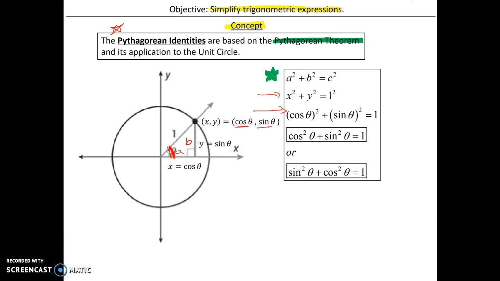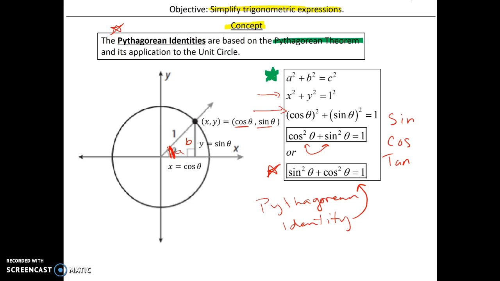Intuitively, when we work with SOHCAHTOA, we tend to think of the order sine, cosine, and then tangent, so I'll shuffle these two trigonometric functions to give us our Pythagorean identity: sine squared theta plus cosine squared theta equals 1. Go ahead and say that out loud. Sine squared theta plus cosine squared theta is equal to 1.